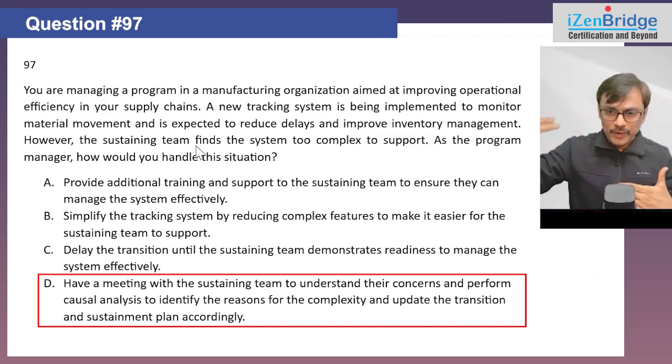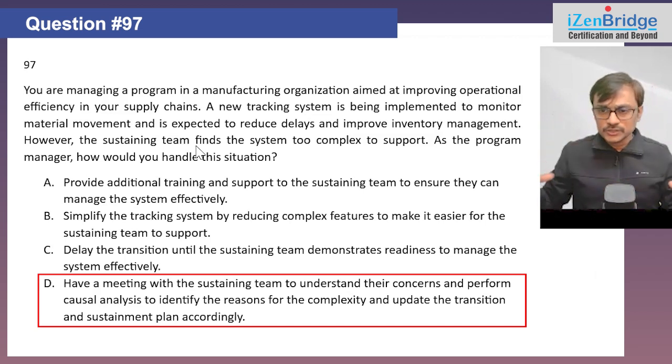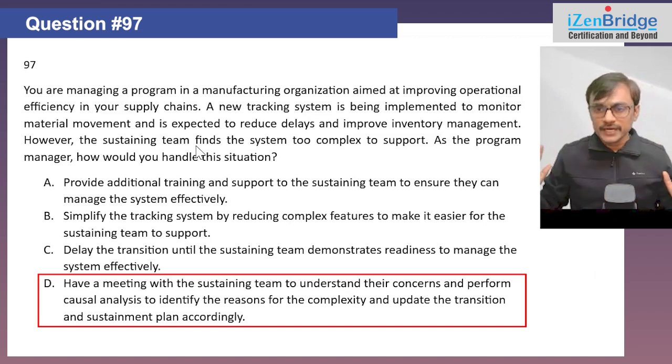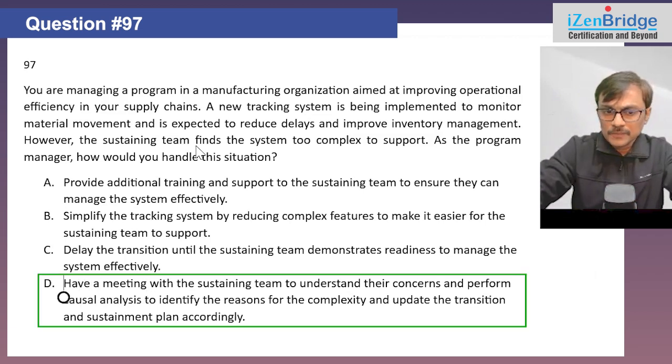Transition planning can include providing more support, delay, training, whatever is needed to make these things happen, and what kind of guidance, documentation, and budgeting support we recommend for sustainment can also be reflected there. So option D looks holistic, and we can go with option D in this question.